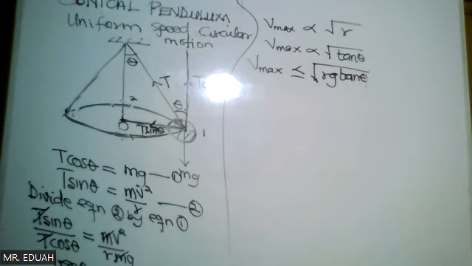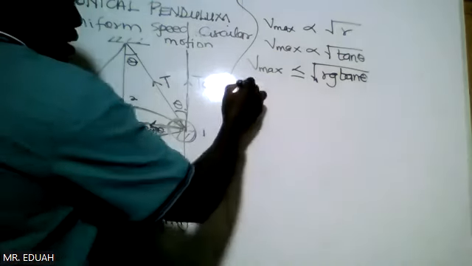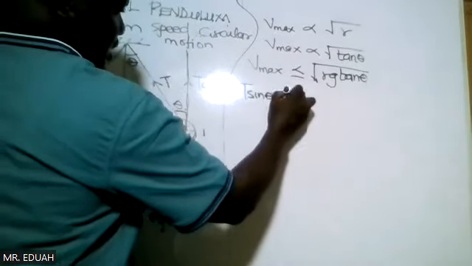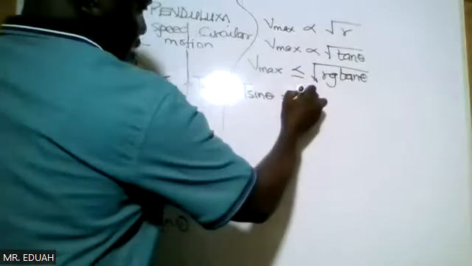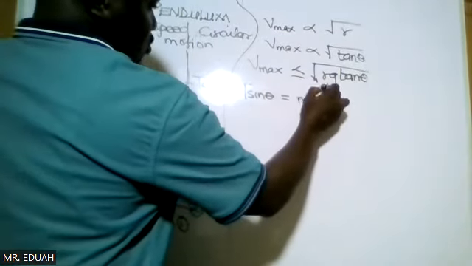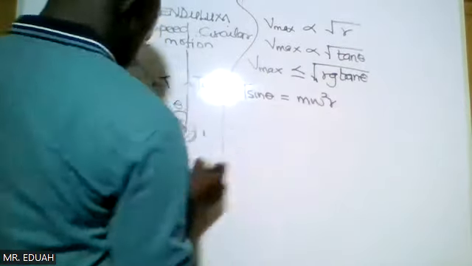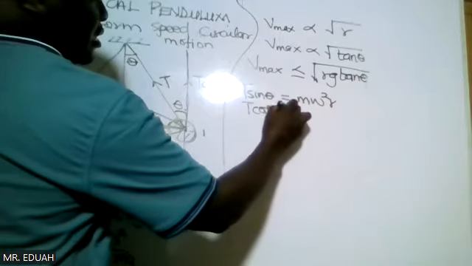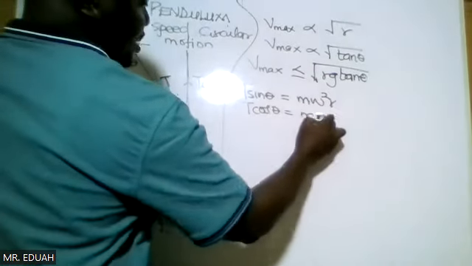The same expression can be determined this way. You see, T sine theta, we equated it to the centripetal force, and centripetal force is also m omega squared r. And T cos theta is mg.